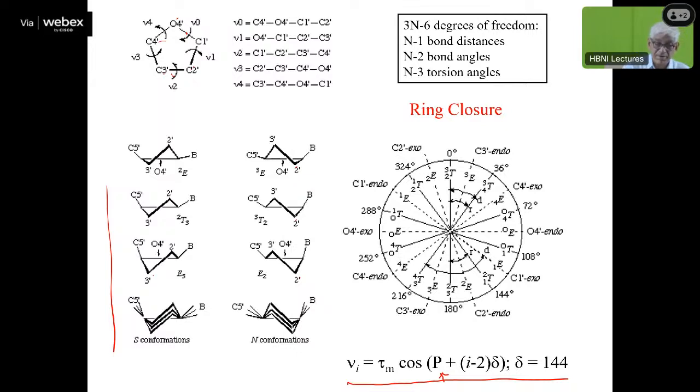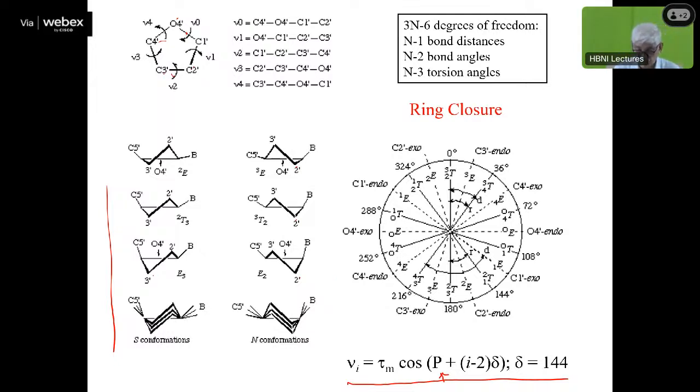Depending on which one you put up and which one you put down, you generate a different kind of sugar geometry. Okay, and that is described in terms of the one variable which is called the pseudo rotation angle, that is P, and P can take various values from 0 to 360, 0, 180, things like that.